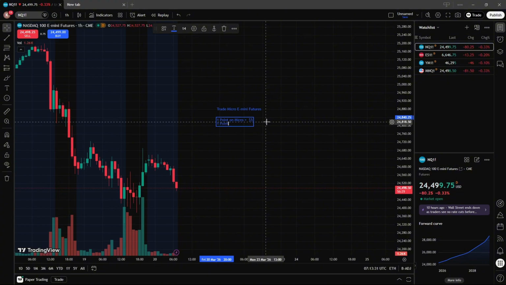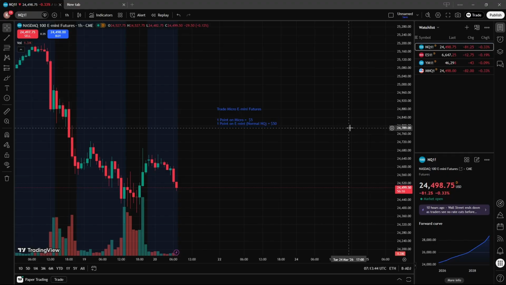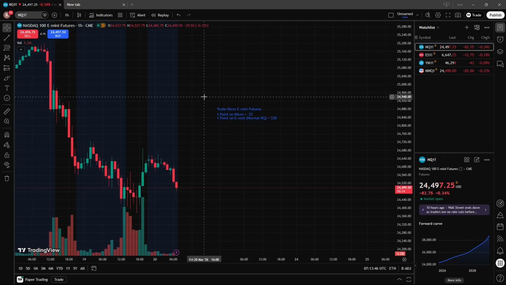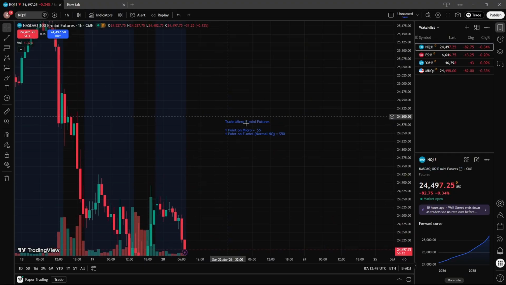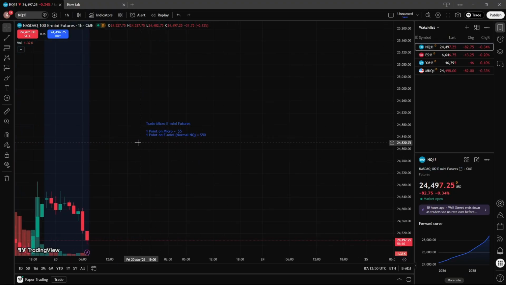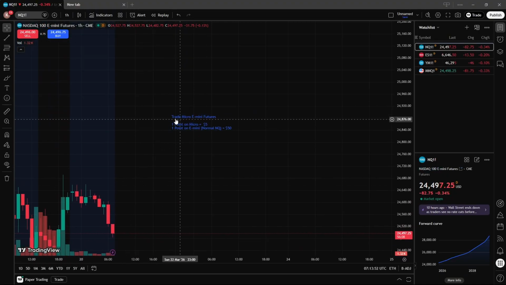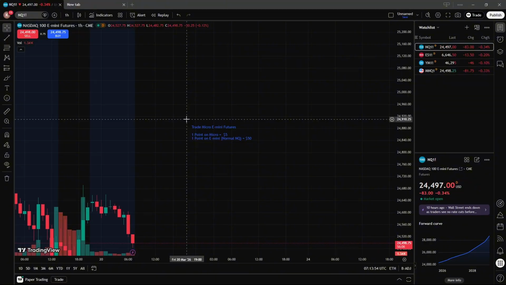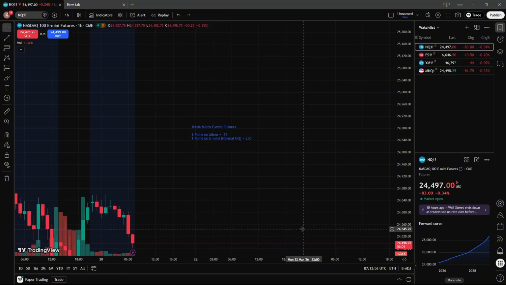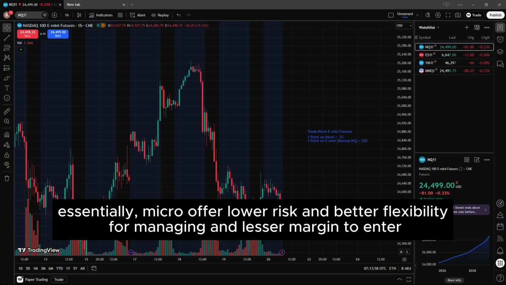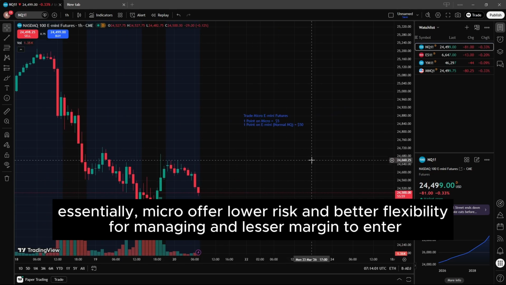However, 1 point on E-mini, which is the normal NQ, equals $50. So that's what I was talking about, how the advantage of trading futures is that you get to trade more on less. That's a very weird expression, but it's okay.